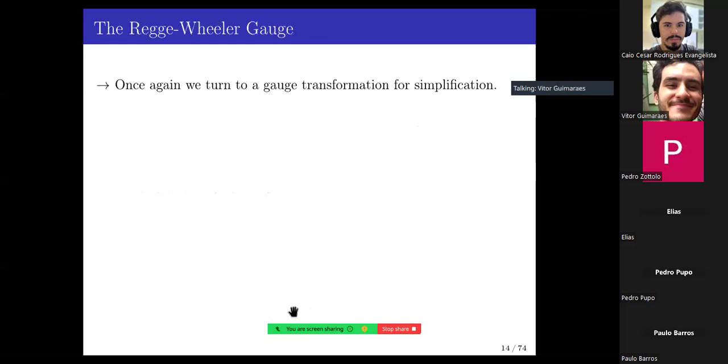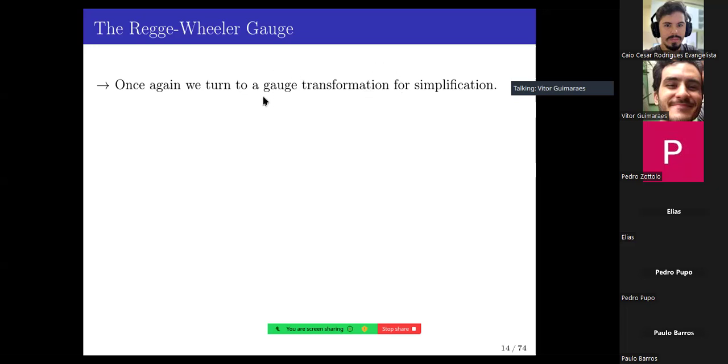Once again, remember that we spent a little time in the previous lecture talking about gauge symmetries in general relativity. We wanted to simplify our equations, because as they are at first, they are very complicated and convoluted. So we needed a little help, and we discovered that we could use some gauge freedom.